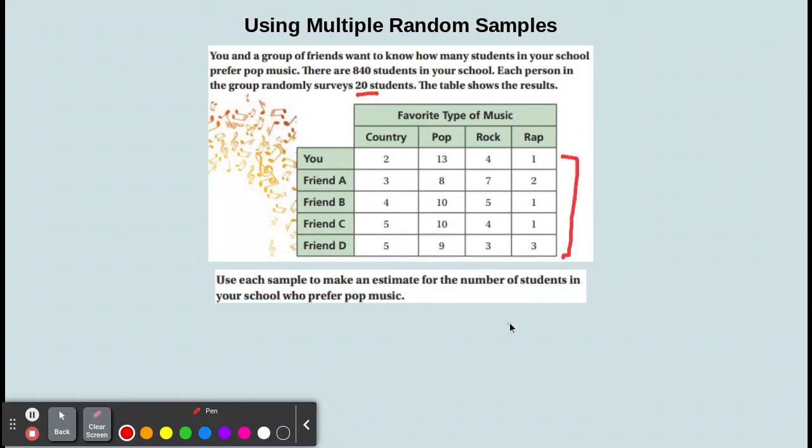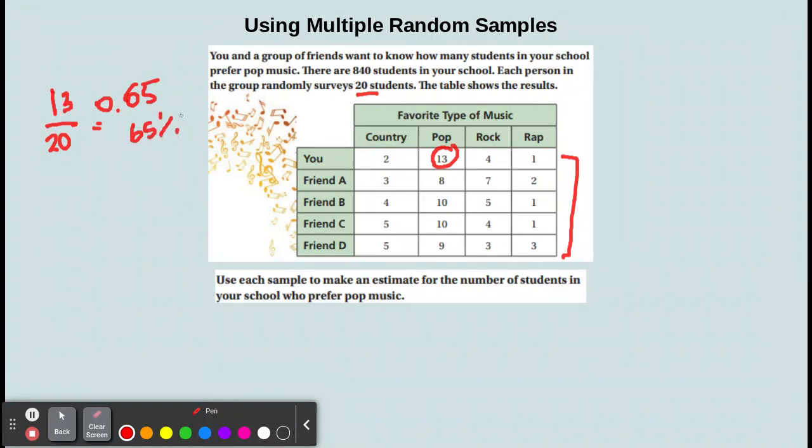Okay, so we want to use each sample, each row, to estimate the number of students in our school who prefer pop music. Remember, to estimate, we take what we found. For instance, you found 13 of your 20 surveyed like pop music, and that happens to be 0.65, meaning 65% of the students you surveyed like pop music.